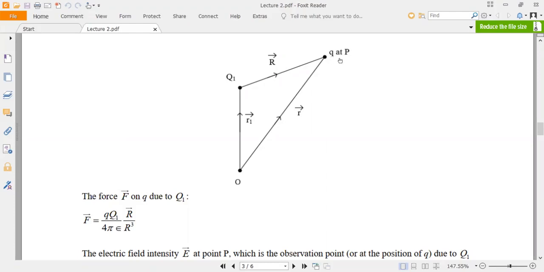Therefore, the force F exerted on this test charge, because of an existing charge Q1 in free space, is given by small q Q1 over 4 pi epsilon, R bar over R cubed.